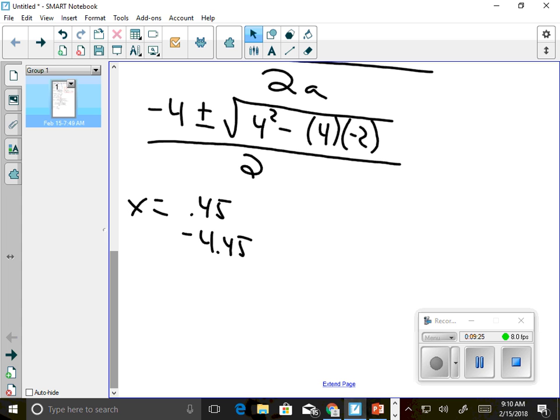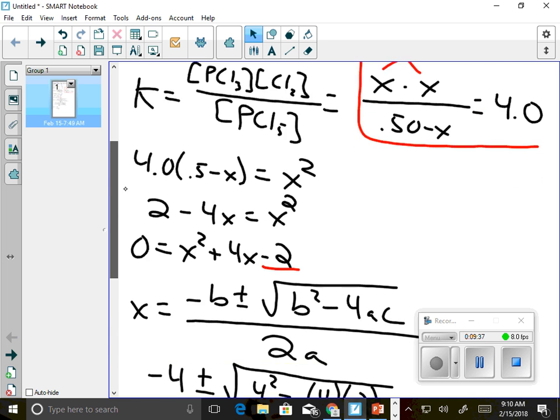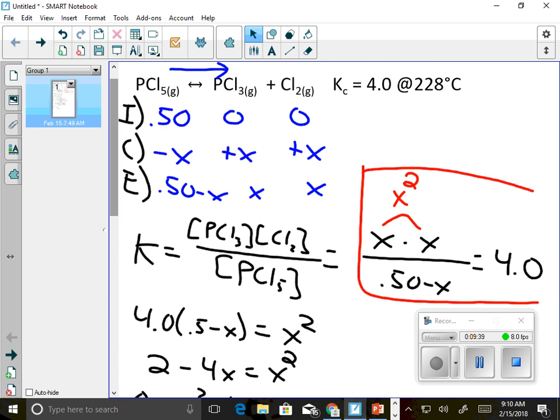Unfortunately, in applied mathematics, like chemistry and physics, our numbers have to make sense and not just be the final answer. And one of these numbers does not make sense. Because if I go all the way back up to my equilibrium expression, if I plug in negative 4.45, one of my x values, that means at equilibrium for the PCl3 and the Cl2, my x is negative 4.45.